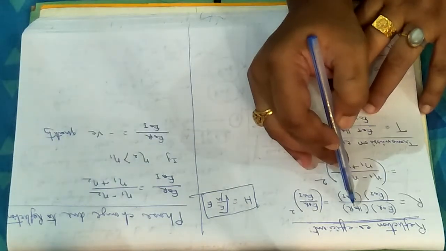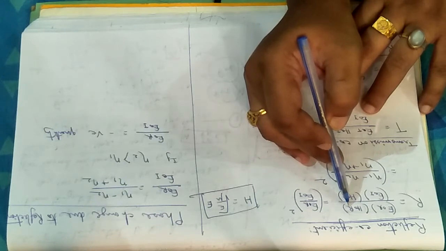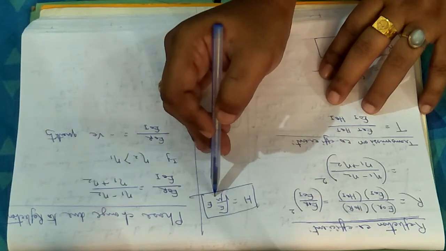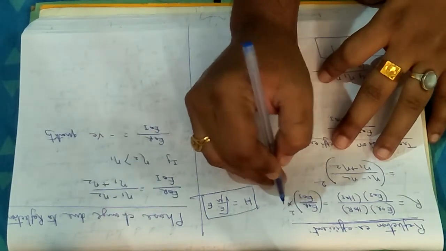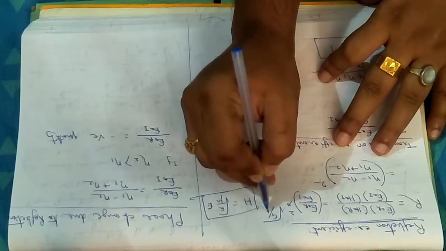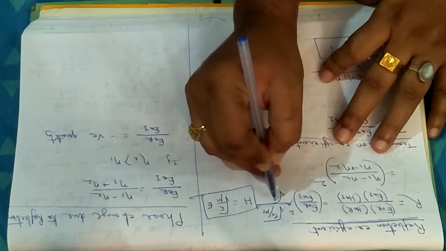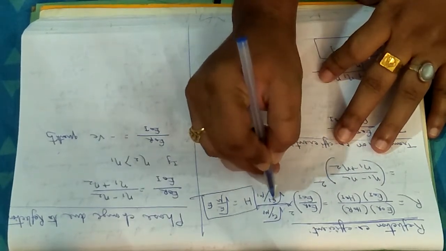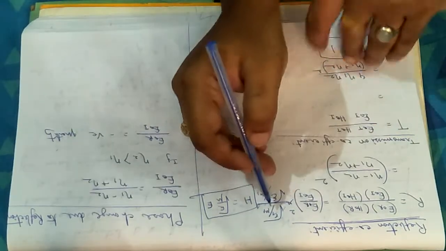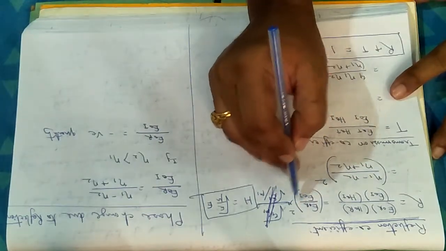So instead of H0R I have written E0R into root over of epsilon 1 by mu 1, and here also for H0I, E0I into root over of epsilon 1 by mu 1, because the reflected ray and the incident ray both are traveling in medium 1. So for simplicity this will be cancelled out, and I am getting only E0R whole square divided by E0I whole square.